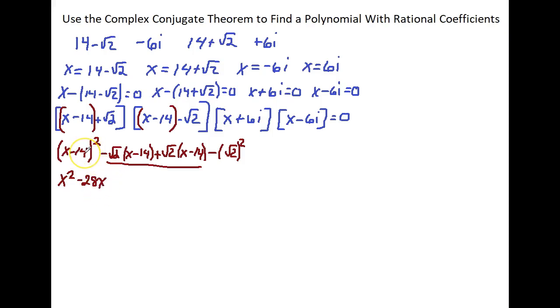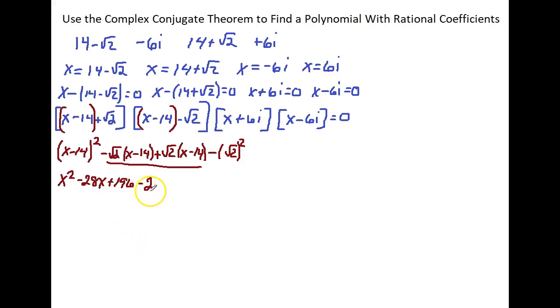And then we take negative 14 times negative 14, which gives me a positive 196. So plus 196. Now, when I square the square root of 2, that just gives me 2. There's a minus in front, so I have a minus 2.